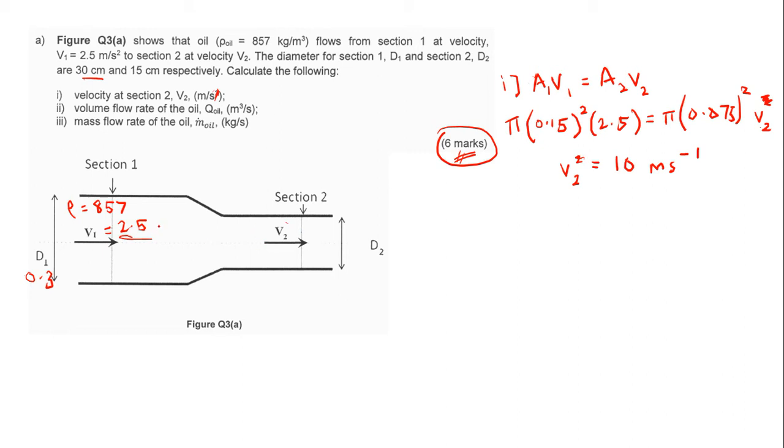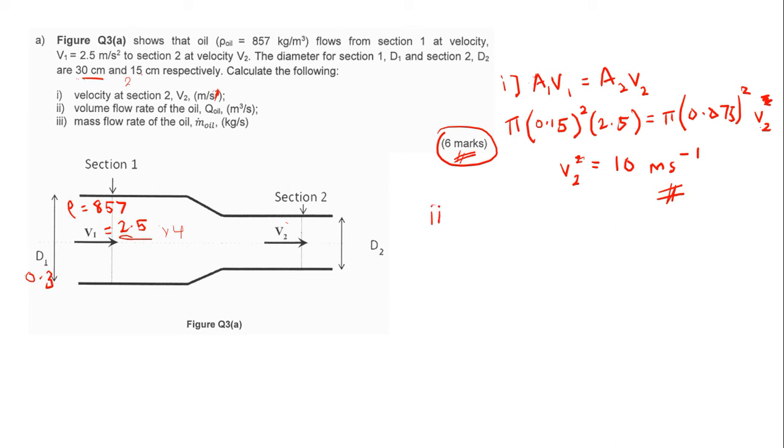It's just multiplication by 4: 2.5 times 4, because the difference between the diameters 30 and 15 is a factor of 2, so the area, being squared, is 4. If you are genius enough you can estimate from the numbers, but you have to do the calculation like this so you can prove the equation and show your working.